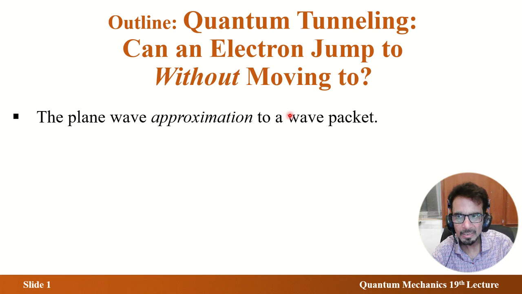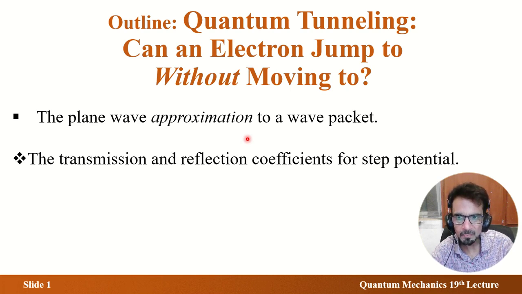That's the outline. First we have to solve the Schrodinger equation for zero potential, which is called the free particle case, and in that case mathematically the simplest result is called a plane wave. But this would be an approximation, because actually a quantum particle is described by wave packets. So the comparison between wave packet and plane wave is the first thing to talk about.